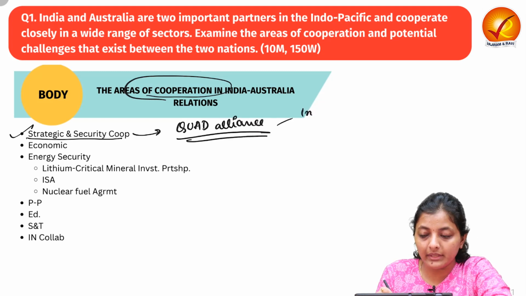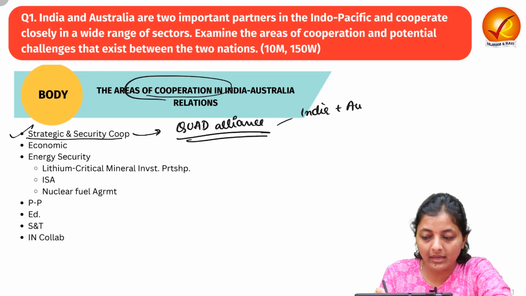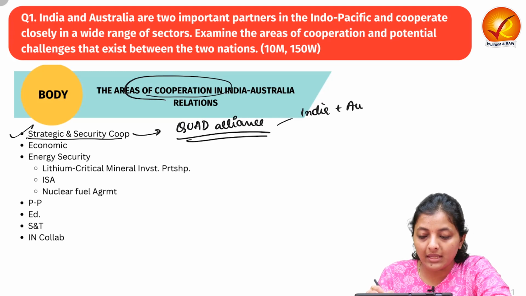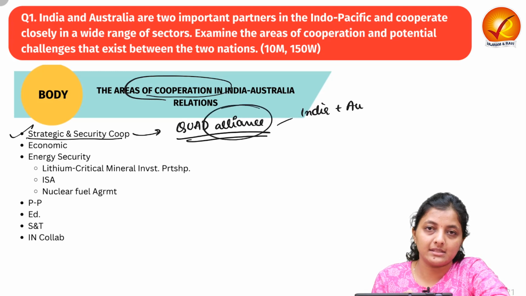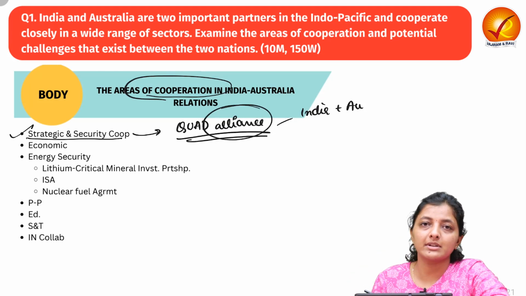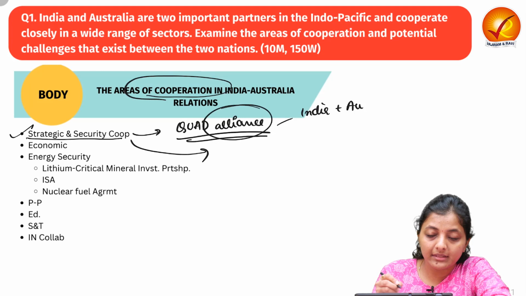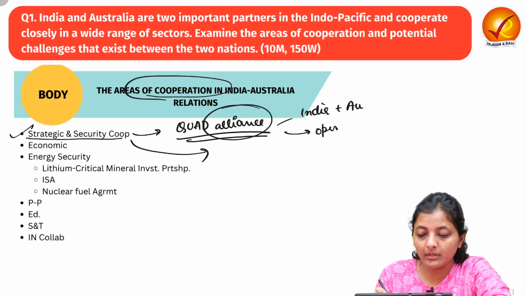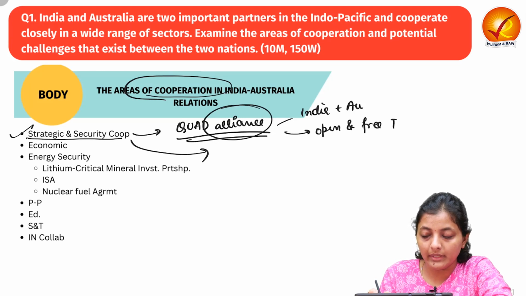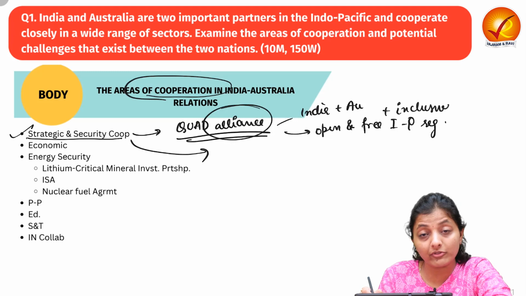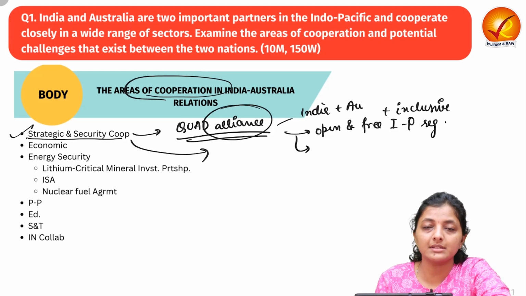India, along with Australia and 2 other countries, has made the security alliance, security forum. Now it is also getting transformed into a trade bloc. And this Quad is for a free and open Indo-Pacific region, also inclusive, that it should be for everyone, for all the countries.